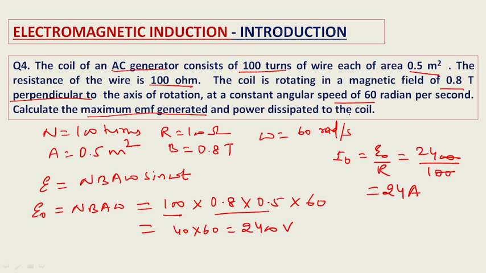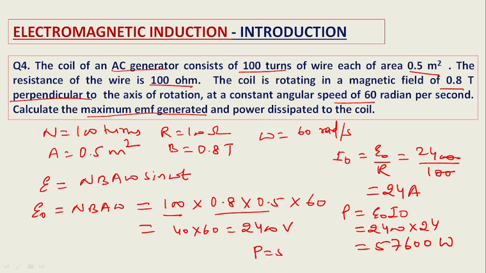So the power dissipated in the coil is VI, power dissipated P is equal to epsilon 0 I0, which will be equal to 2400 into 24, that is 57600 watt. Okay, which can also be written in scientific notation as 5.76 times 10 to the power of 4 watt. So this will be the power dissipated in the coil.